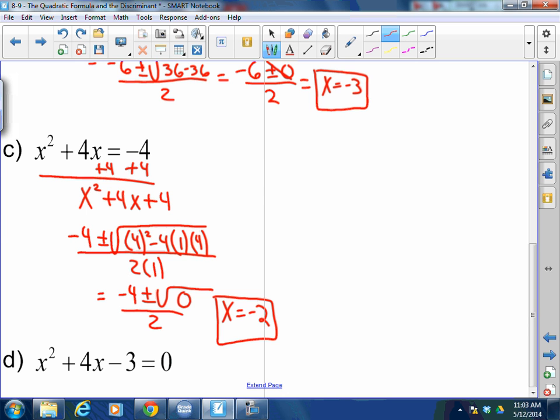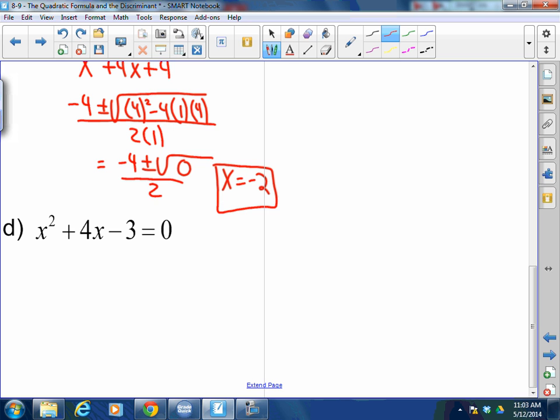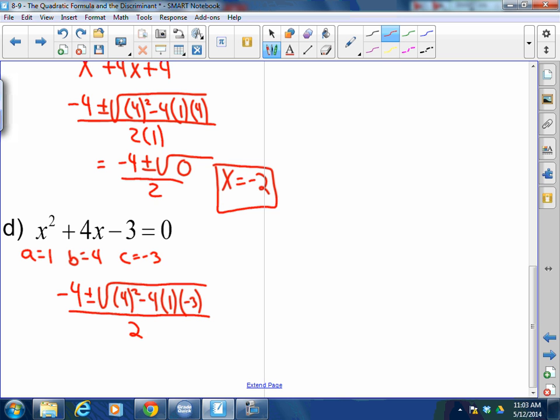For D, let's label. What's my A? What's my B? What's my C? Negative 3, good. B squared, negative B, plus or minus B squared minus 4 times A times C over 2A.